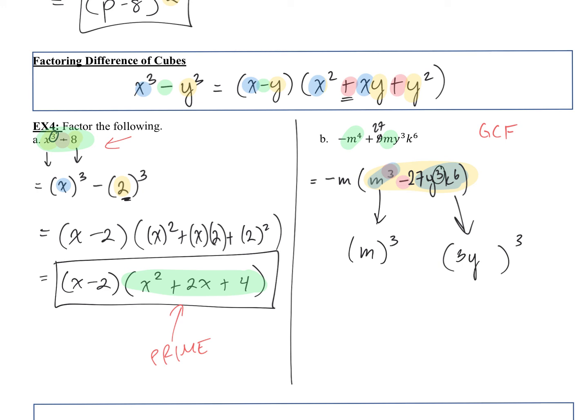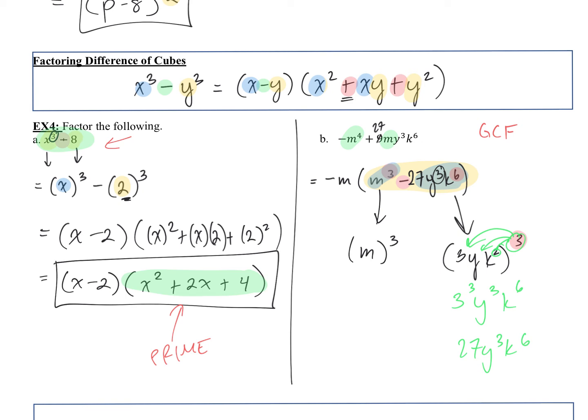And then k to the 6th, we could rewrite that as k to the 2nd power, since 2 times 3 gives me 6. Once again, we're using the power rule here. If we multiplied that out, you would get 3 cubed, y cubed, k to the 2 times 3, which is 6. Which would once again be 27, y cubed, k to the 6th. So we rewrote it correctly.